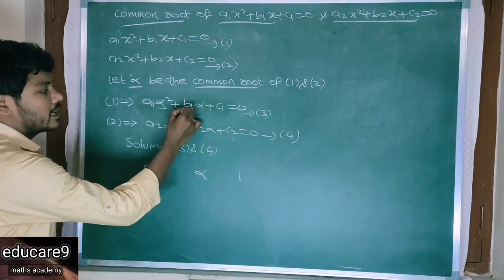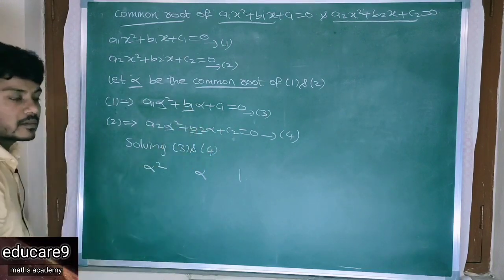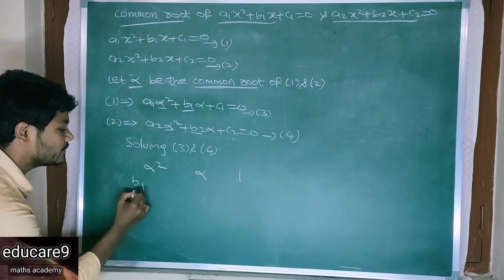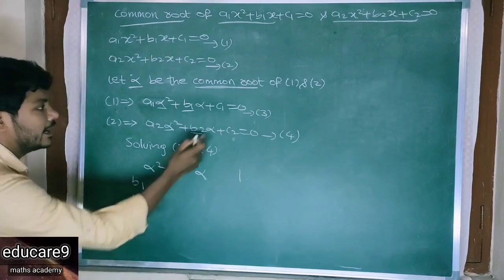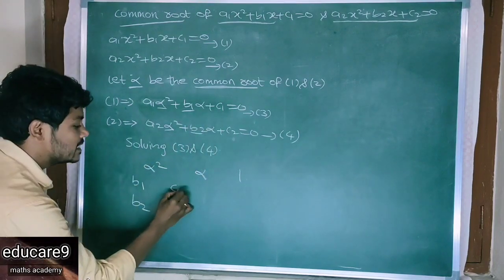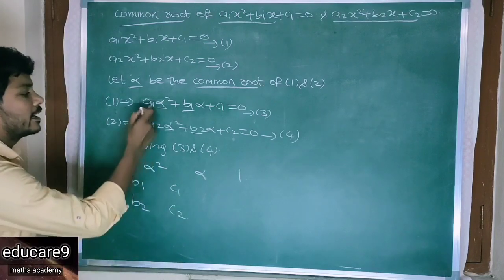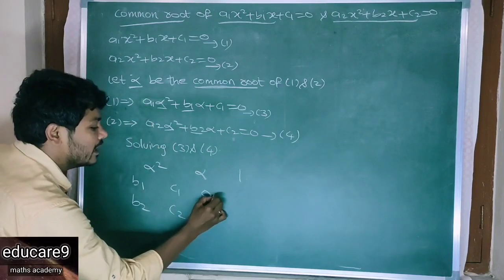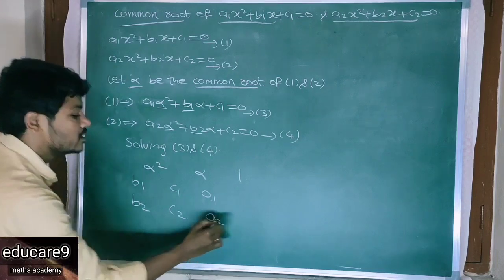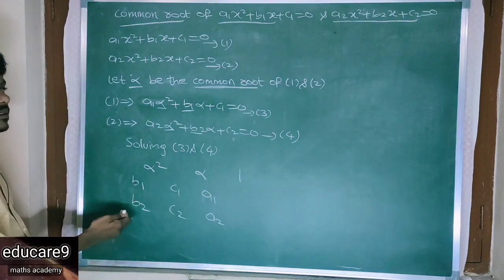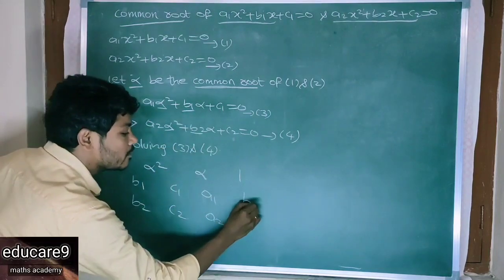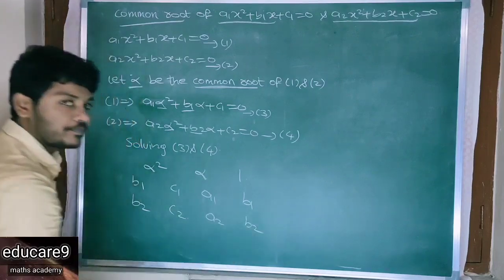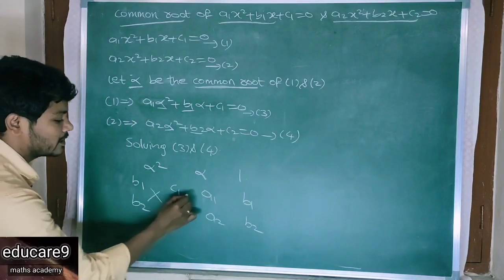And here start from second terms, that is b1, b2. And write third terms, c1, c2. And write first terms, a1, a2. So again write second terms, b1, b2. Now cross multiplication here.